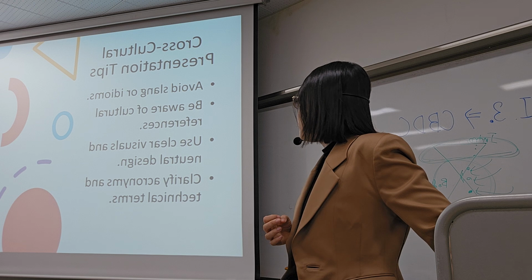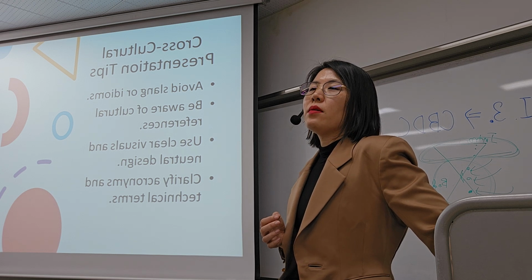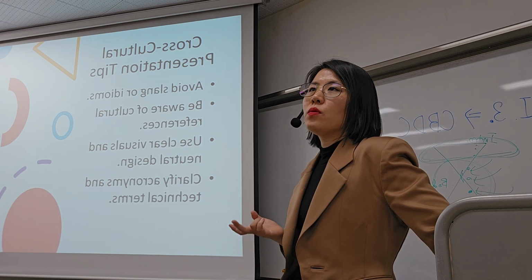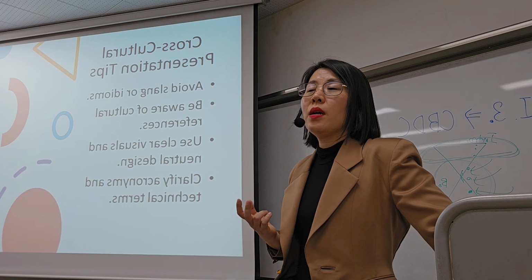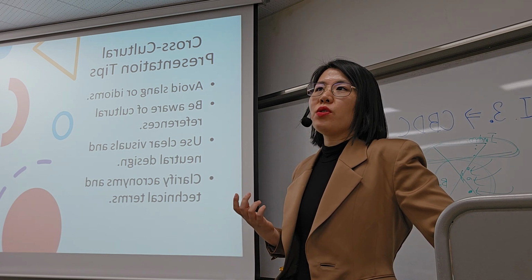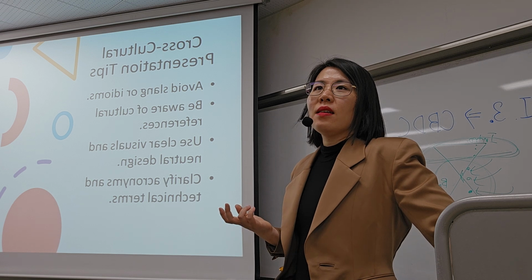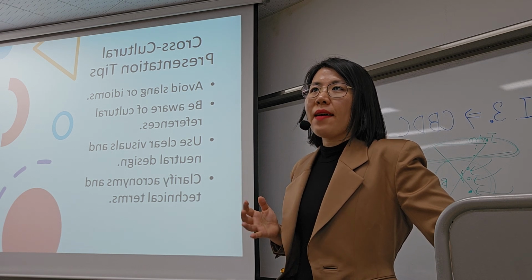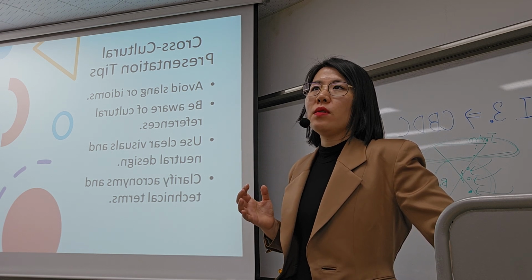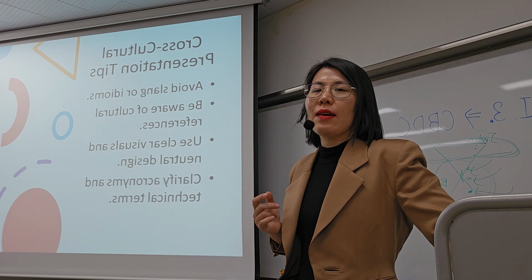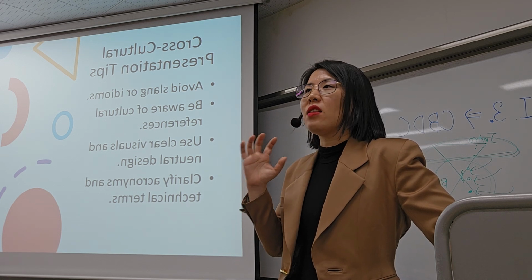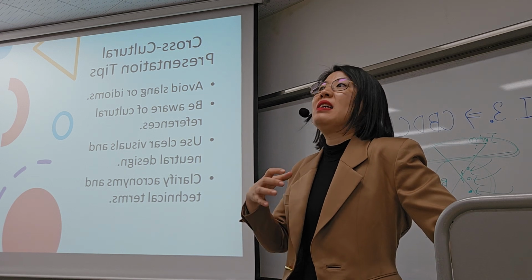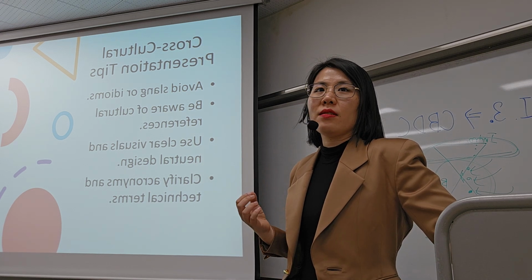Explain acronyms and technical terms clearly. Yeah, because in most cases, if you work in a multinational environment, you have different languages and different cultures. Because of that, you really have to be careful to use simple, clear, and concise language. This is so important. And having one graph is a lot more powerful than many different expressions.